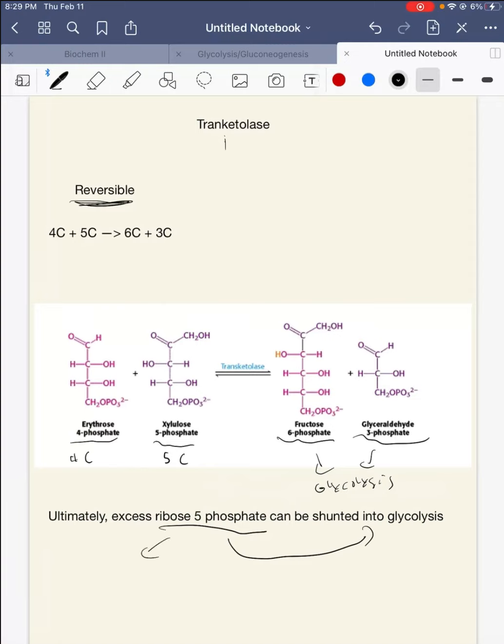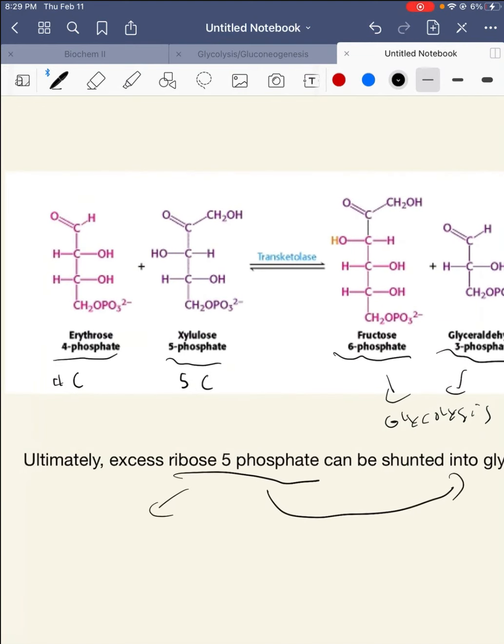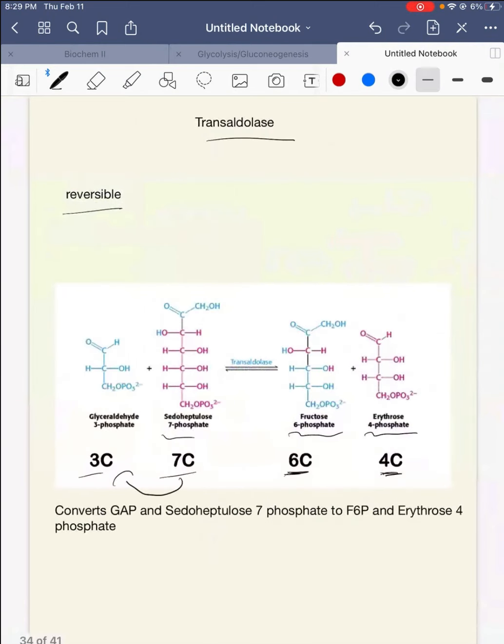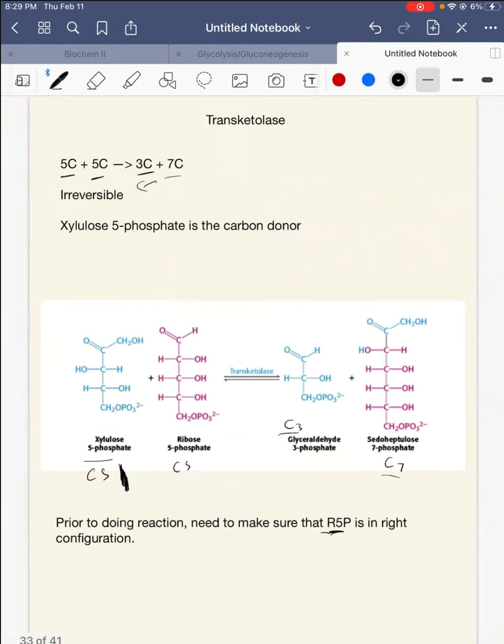Like I said previously, ribose 5-phosphate, when we do the non-oxidative phase, it's because we need to make a lot of DNA, or we're transcribing a lot of mRNA. So if we have excess, it can be shunted into glycolysis with those 3 separate reactions that we talked about.